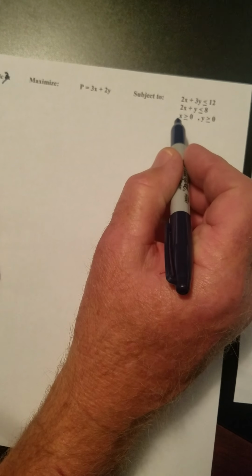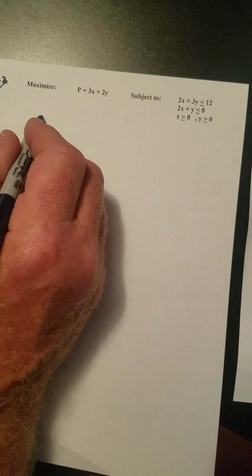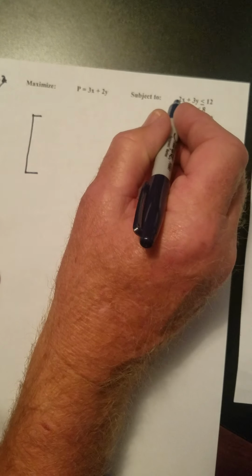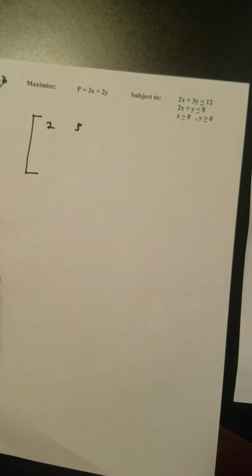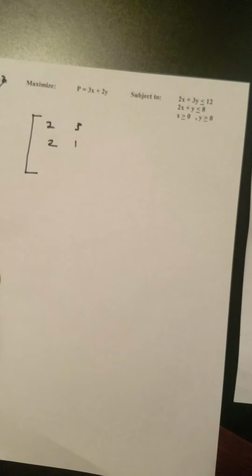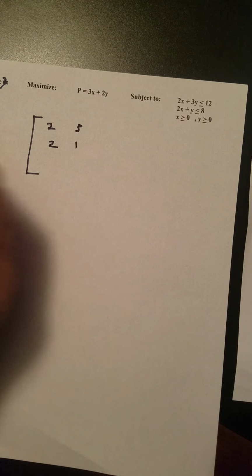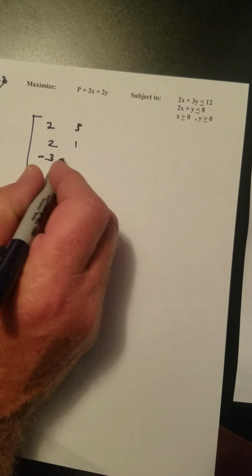Okay, here's another one. So look here, here's your x greater than or equal to 0, y greater than or equal to 0. So I see 2, 3, somewhere over there's going to be a 12. 2, 1, and somewhere over there's going to be an 8. My profit function, 3x plus 2y, tells me to put a -3 and a -2.